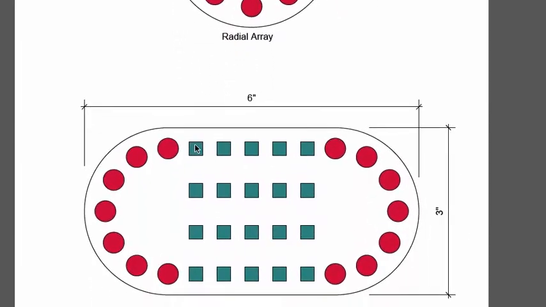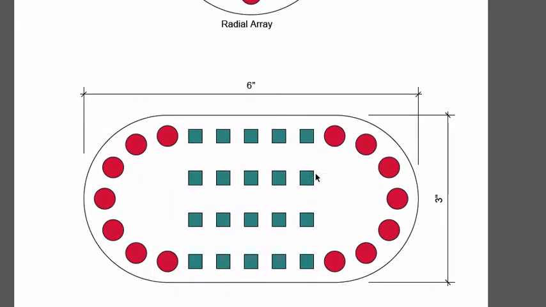Now we have 4 rows that we want, and we have 3 spaces between those rows. And the distance that we're working within is what? 3 inches minus 3/8 and minus 3/8, which is 3/4, leaving us with 2 1/4. Okay, so let's go back.